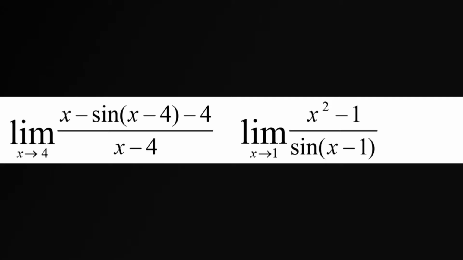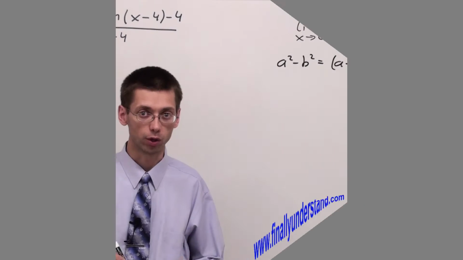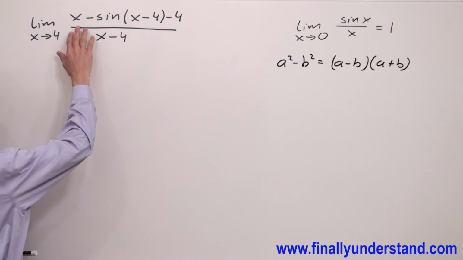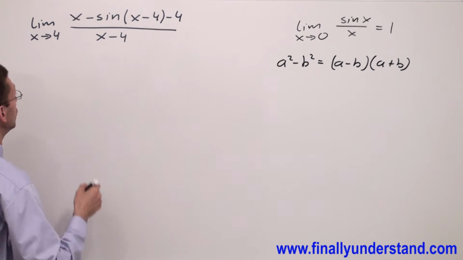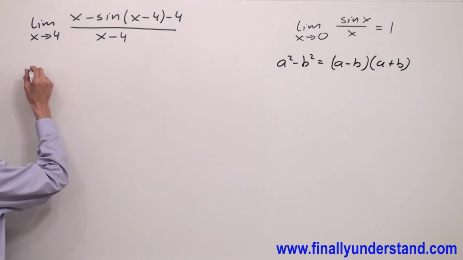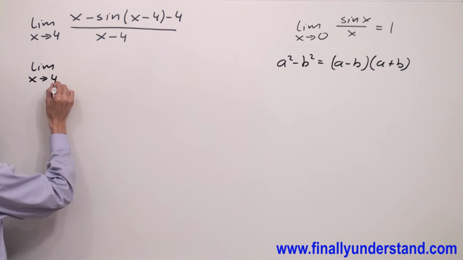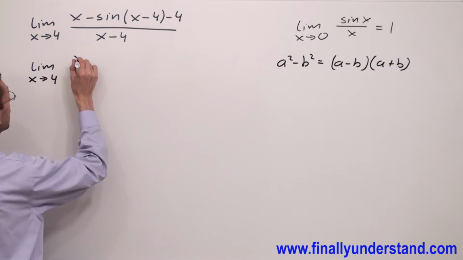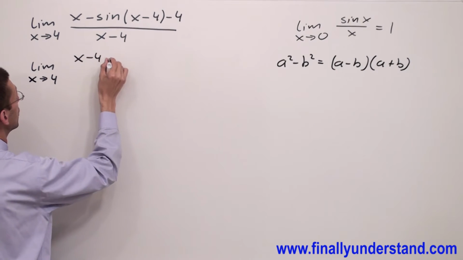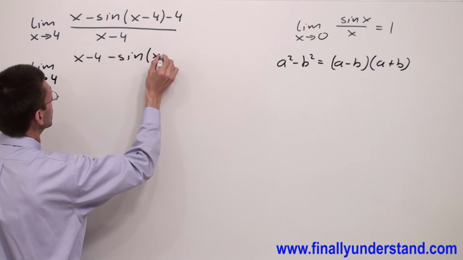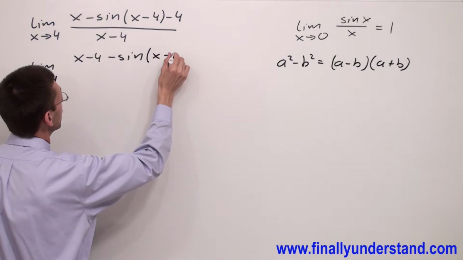If you are going to have a problem like this, the very first thing you're supposed to do is organize your problem. In this case, we have to organize the numerator. So I have the limit with x approaching 4 of x minus 4 minus sine x minus 4.